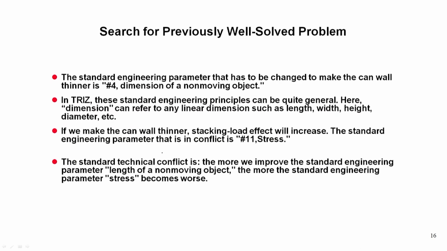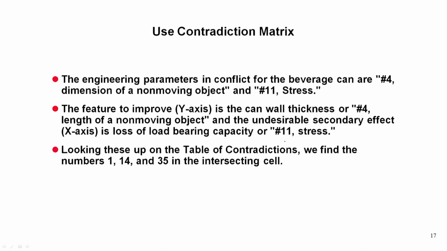Now, using, as I told you, the TRIZ matrix, which I will come to at the end, you can search for previously solved problems, like the dimension of a non-moving object versus stress. This is a standard one. What are the principles that people have used in order to solve the problem? You have to use a contradiction matrix to do it, which I will cover towards the end. The contradiction is between 4 and 11, and what you would see is that there are principles 1, 14 and 35.